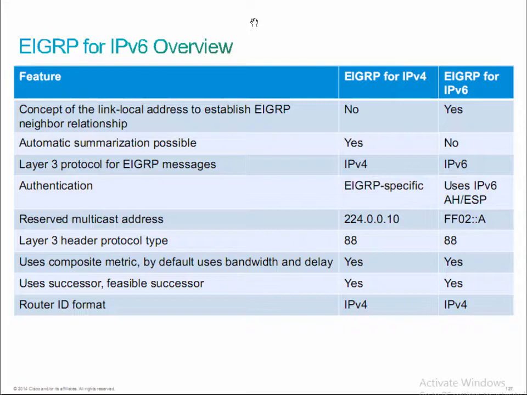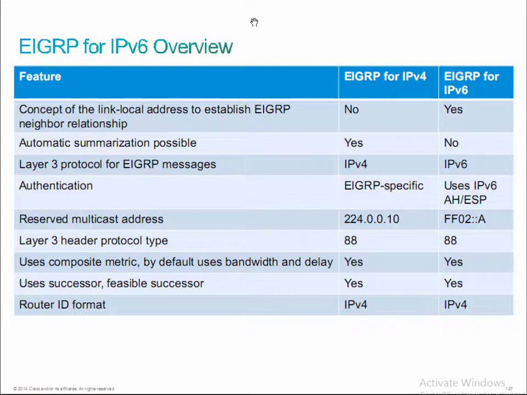In fact, OSPF does the same thing. OSPF has OSPF-specific authentication methods for IPv4, but it also makes use of the IPsec framework built into IPv6 for any kind of IPv6-based authentication.